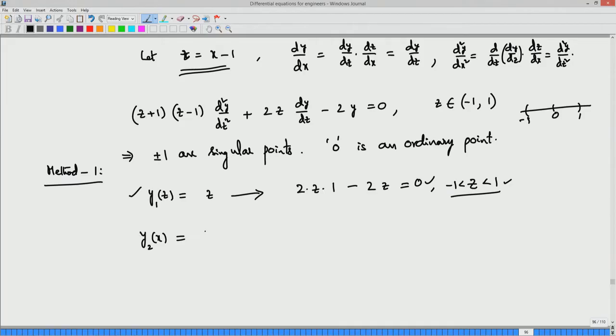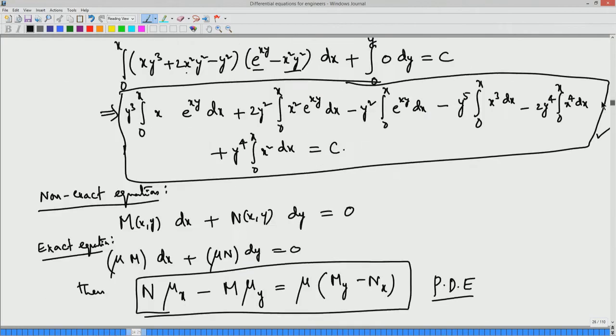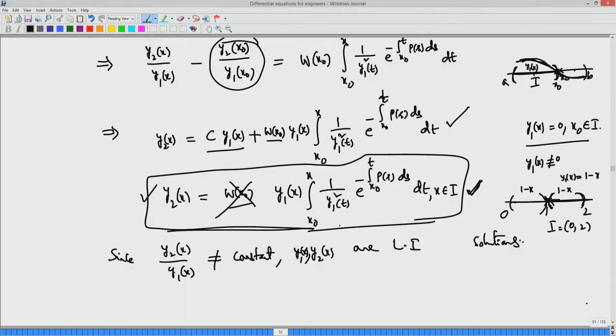Now, y2 of z you can similarly calculate. The formula you can look into is the Abel's formula.